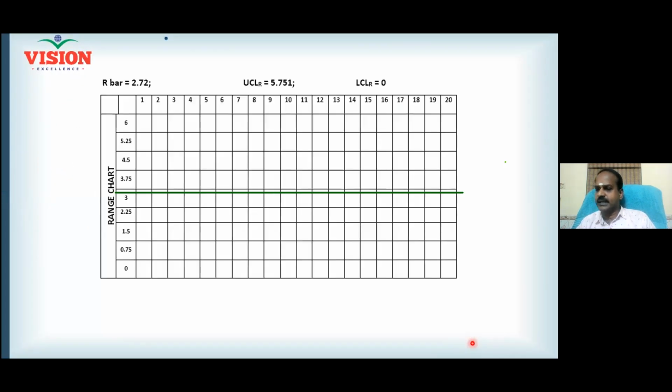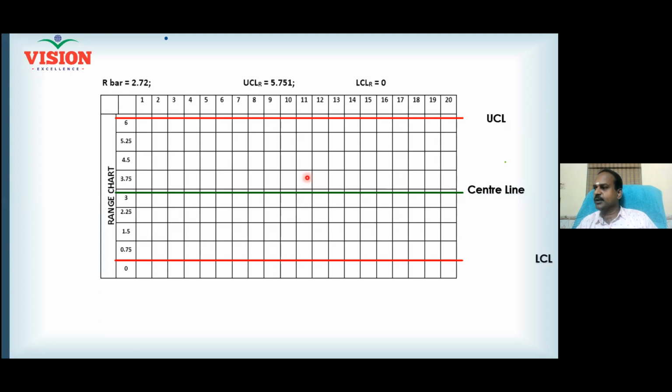See here, the center line is drawn. Upper control limit is calculated to be 5.75. Lower control limit is calculated to be 0. Now upper control limit is drawn. Lower control limit is drawn. Now you need to plot the points. You know what you need to plot here? You need to plot the range. How many ranges do you have? 20 ranges you have.